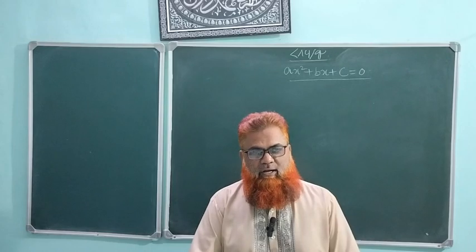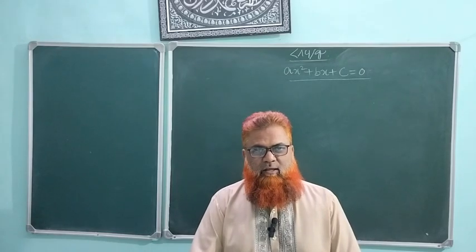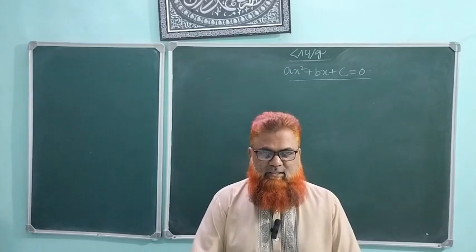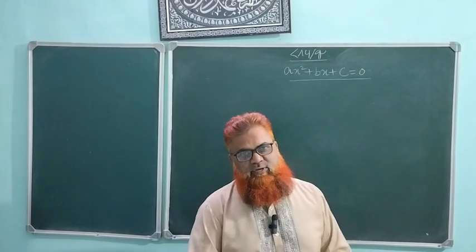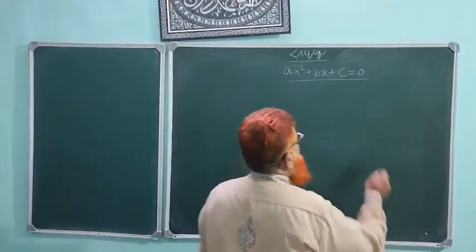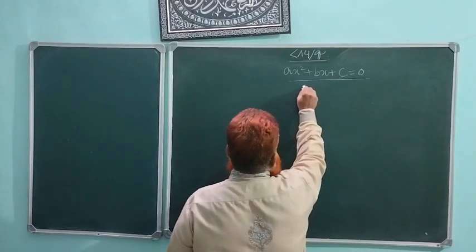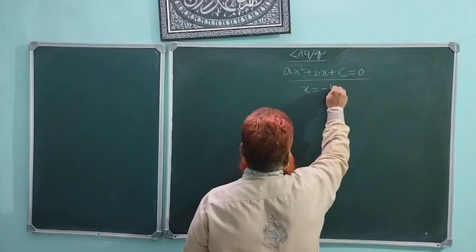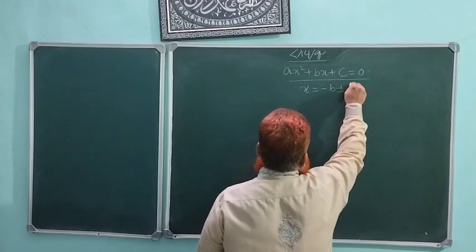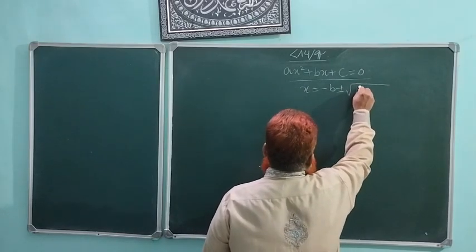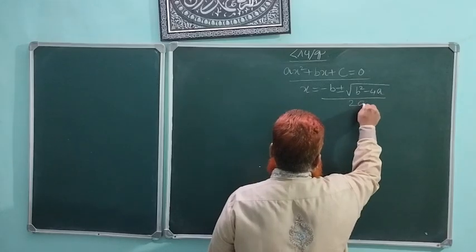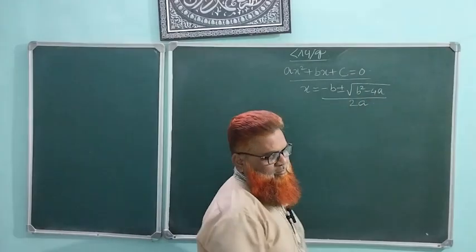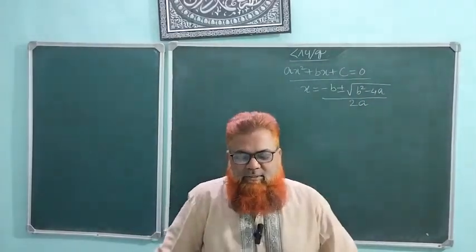For this, we have derived the formula x is equal to minus b plus or minus square root of b square minus 4ac, whole divided by 2a. Generally, this is the formula of a quadratic equation.